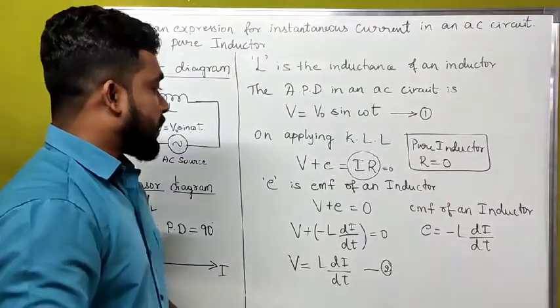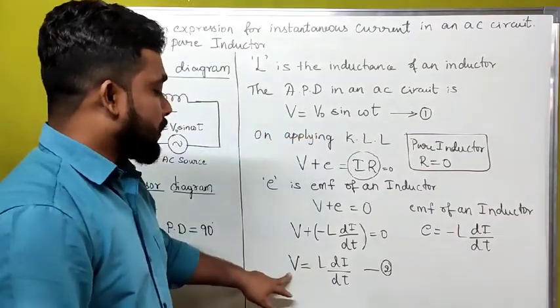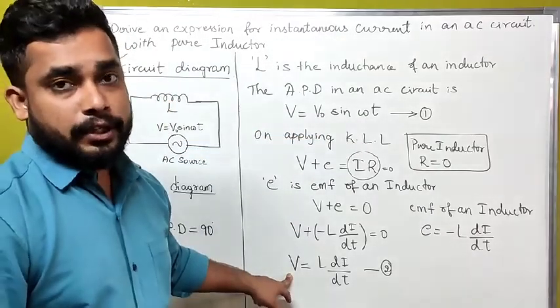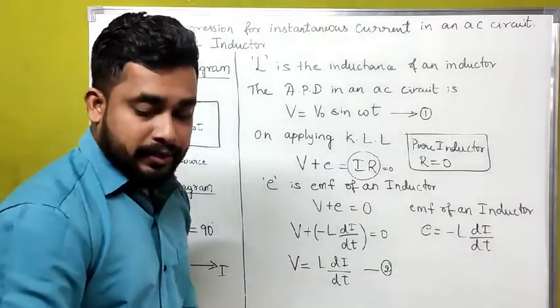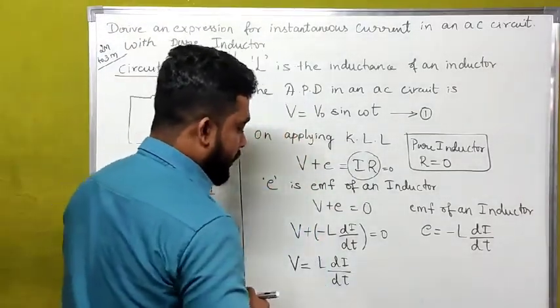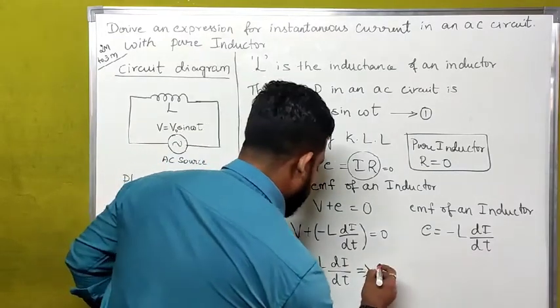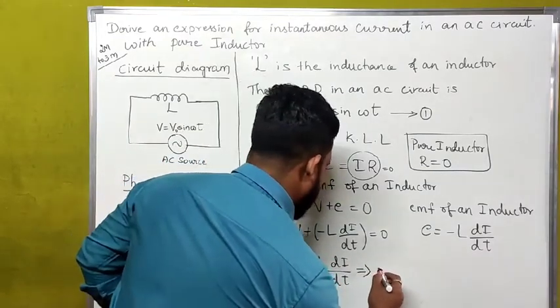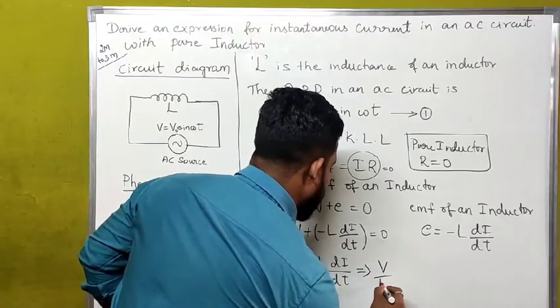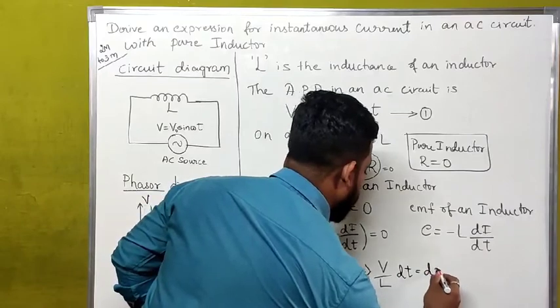Now we may write this equation as di is equal to V divided by L into dt.